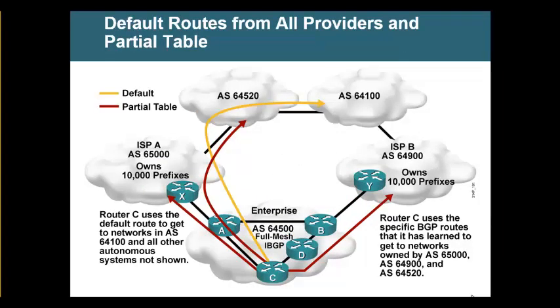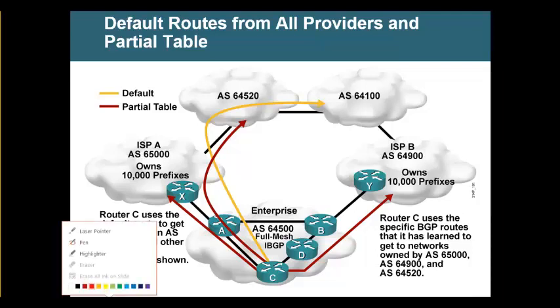Or we may have a partial routing table, meaning for some customers and for some remote offices we will have a precise route given by the ISP, and for the rest of the network in the internet, a default route will be given. So what's the advantage? You don't need to learn all the millions of routes from the ISP.